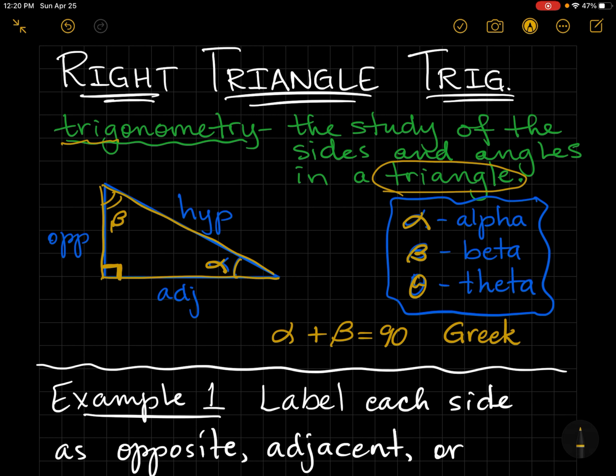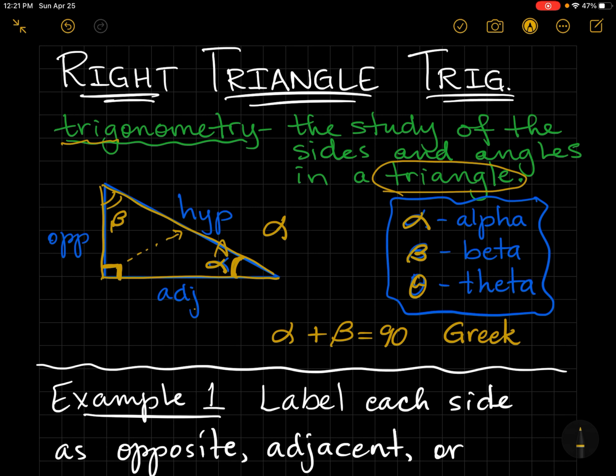I want to make sure you understand the concept of opposite and adjacent. The hypotenuse is always the longest side, and it's always across from the right angle. The opposite depends on which angle you're referring to. So let's say we're referring to alpha.